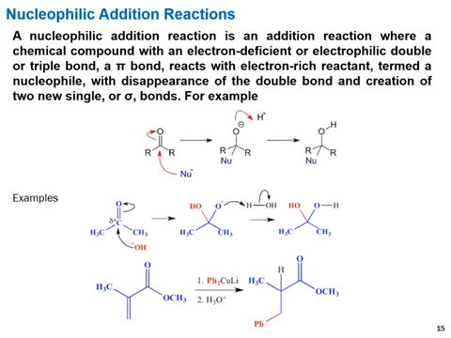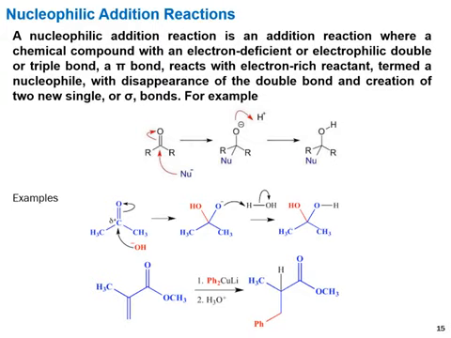The next type of addition reaction is the nucleophilic addition reaction. It means the addition reaction in which the reaction is initiated with the attack of a nucleophile, or electron-rich species, on an electron-deficient double bond. So you can see in this example the nucleophile, which is an electron-rich species, attacks the electron-deficient double bond.